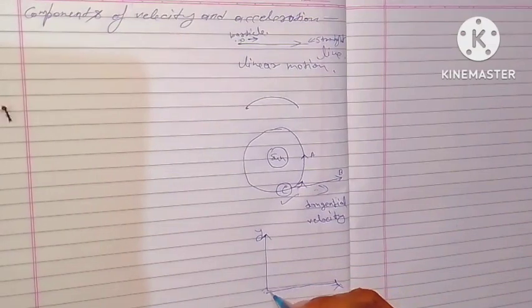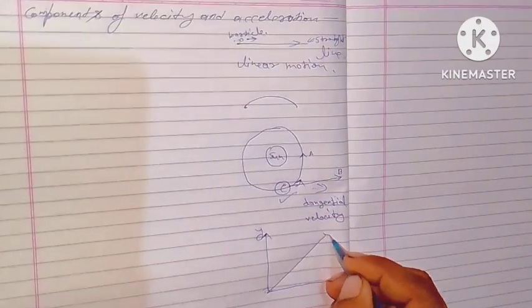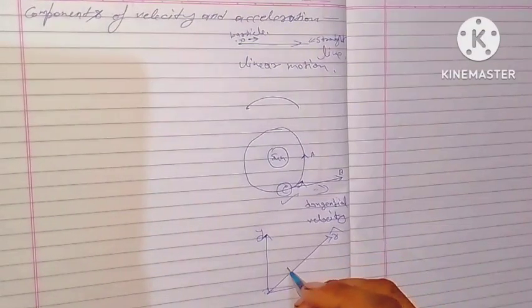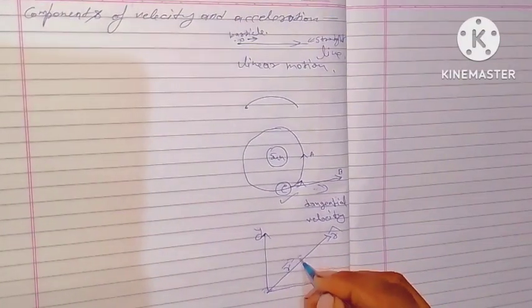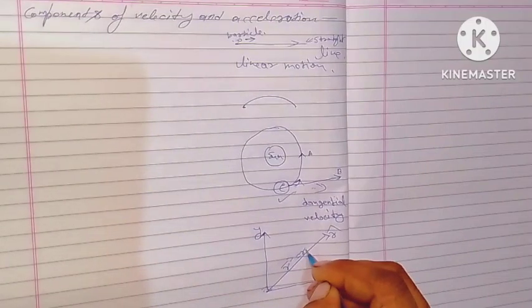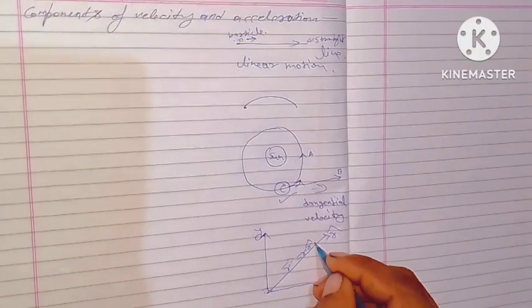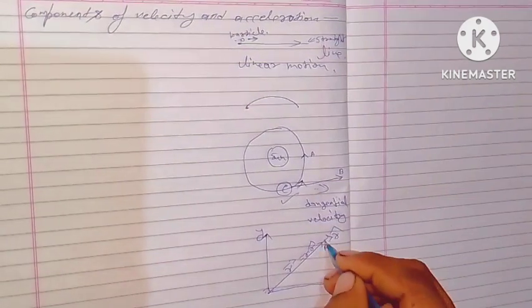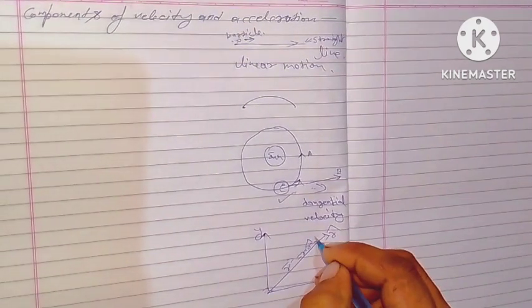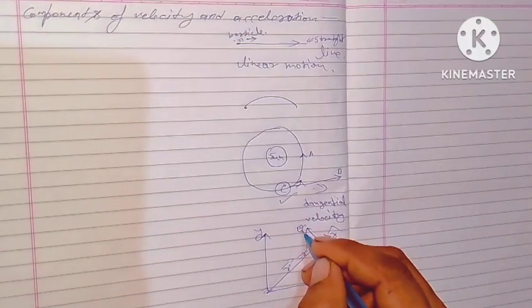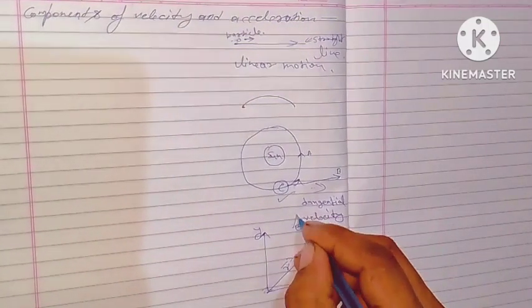And this is the unit vector r, so the distance, vector r equals r times unit vector r, and this is the point P, and the unit vector theta.